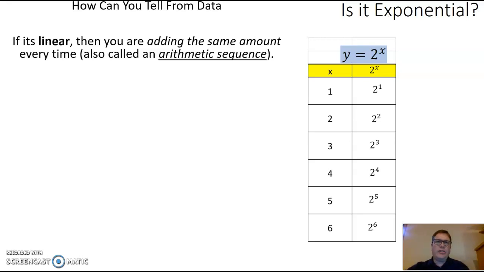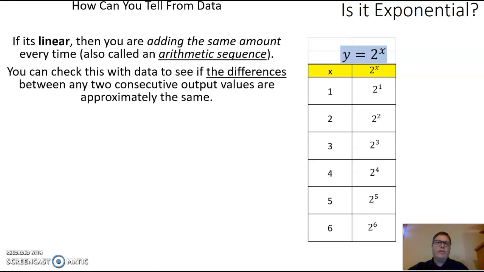If it's linear, and these are also sometimes called arithmetic sequences if you've done sequence studies before, then if you take any two consecutive output numbers, the y values, and find the difference, and then do the same with the next two consecutive ones, you'll get the same amount. They'll be changing by the same amount every time, so the differences will be the same.